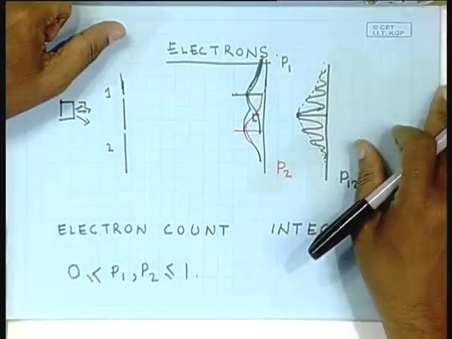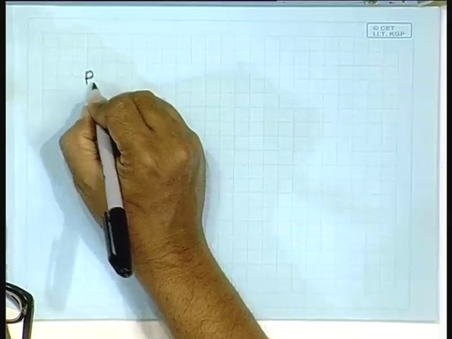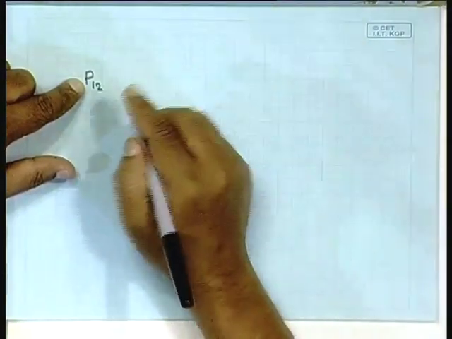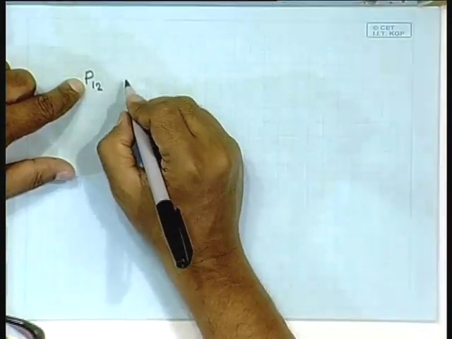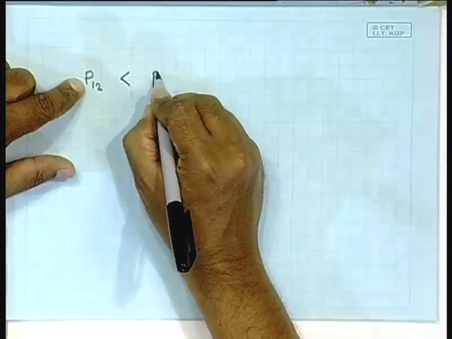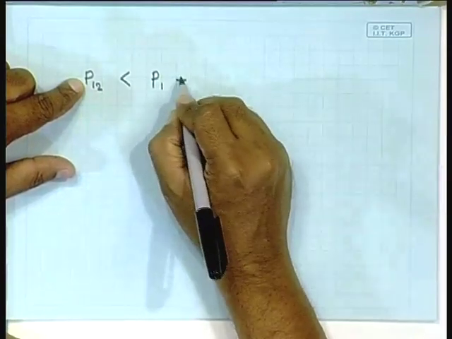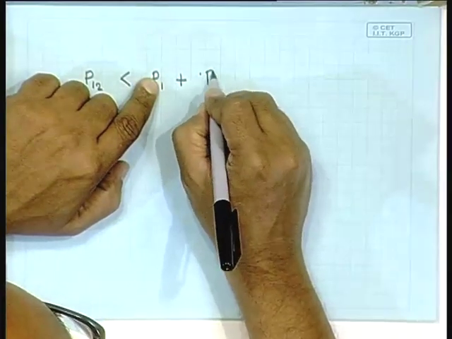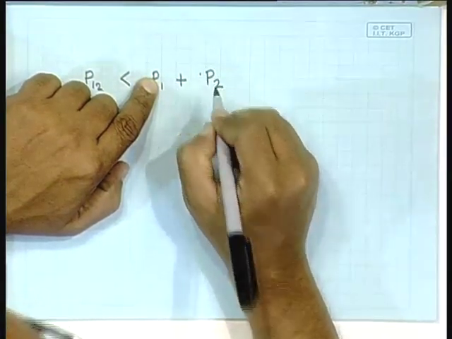was open. So, there are points where the probability of a bullet reaching the screen when both slits are open is less than the probability when only slit 1 is open, and the sum of this with the probability when only slit 2 is open.